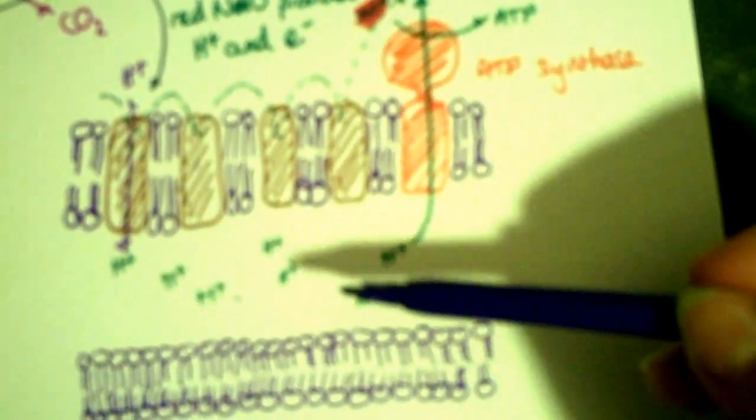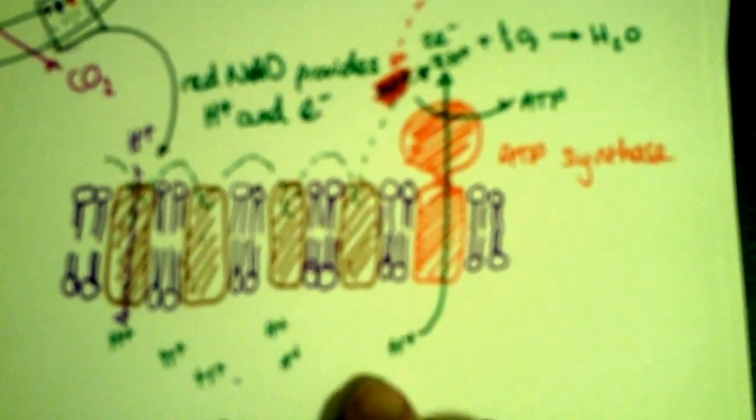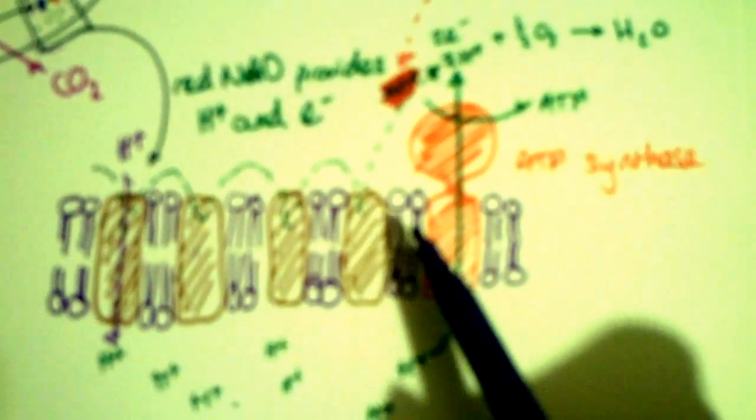The fact that you're accumulating so many H plus ions sets up a diffusion gradient, and hydrogen ions want to diffuse back out into the mitochondrial matrix. However, the only way that this can happen is if the hydrogen moves through the ATP synthase coupled protein channel and enzyme.